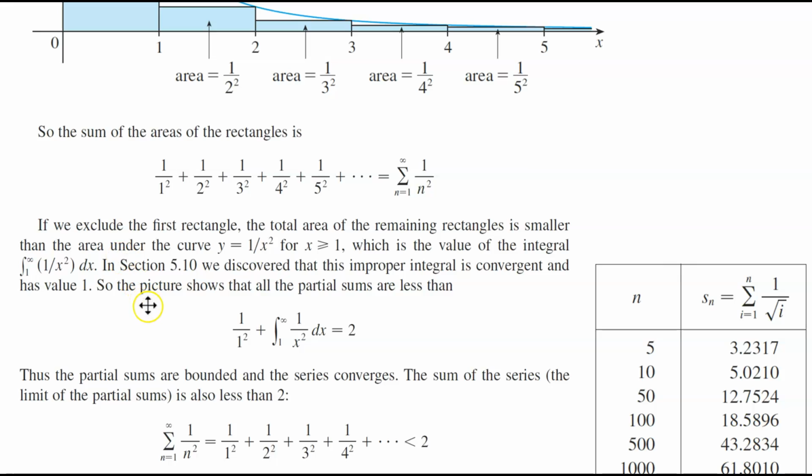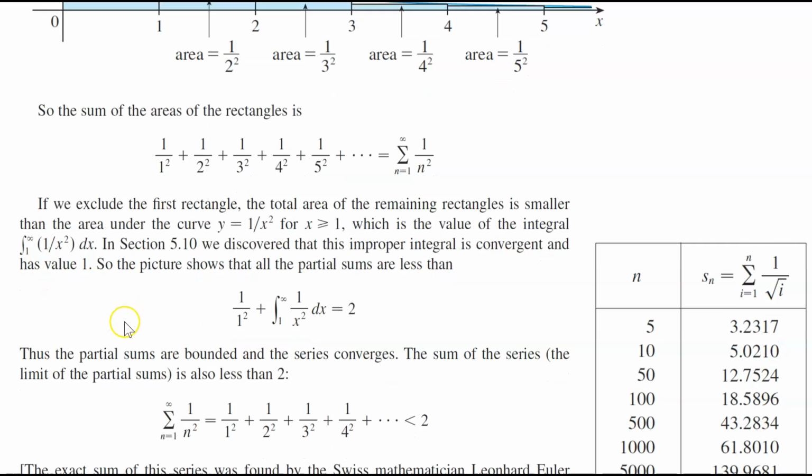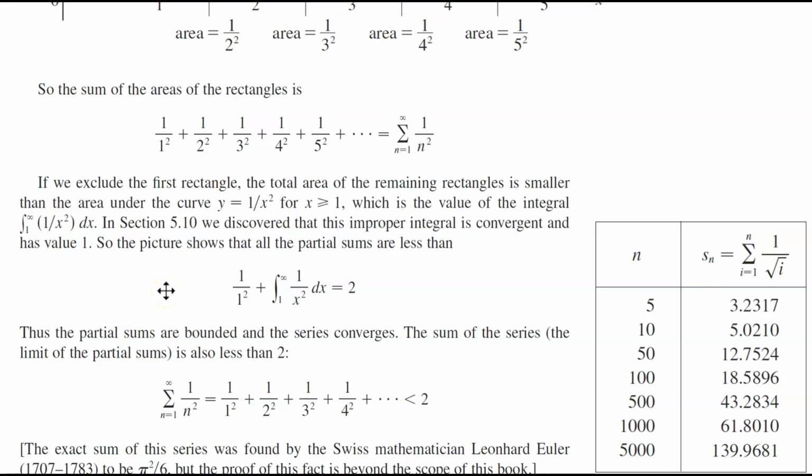Now, if we exclude the first rectangle, the total area of the remaining rectangles is smaller than the area under the curve y equals 1 over x squared for x greater than or equal to 1, which is the value of the integral from 1 to infinity of 1 over x squared dx. Back in section 5.10, we discovered that this improper integral is convergent and has value 1.